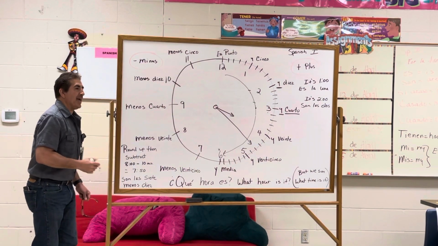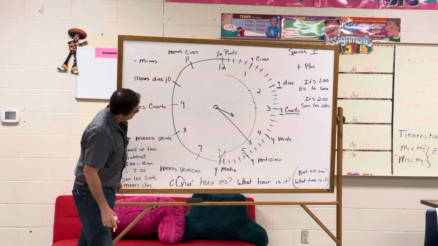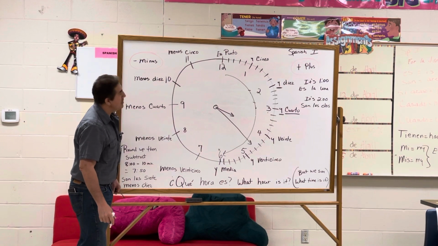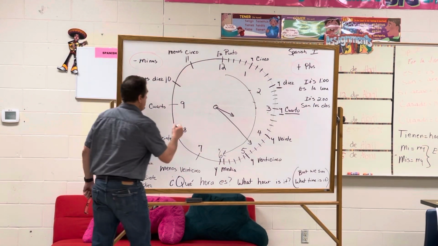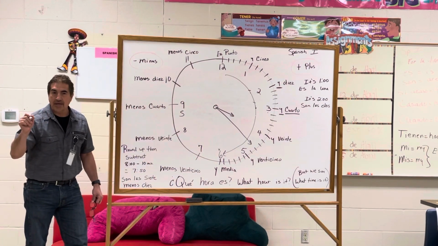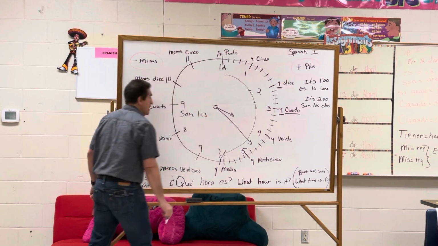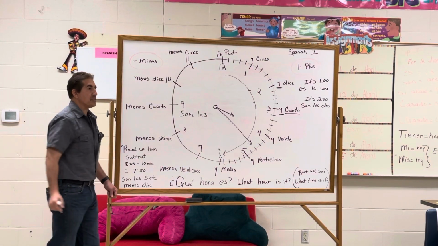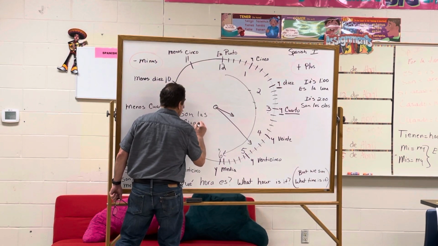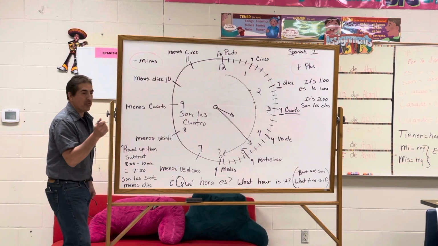Vicente, ¿qué hora es? Son las 4, muy bien. And we write that. When we take a test, you're going to write son las, and you need to know your numbers. I want you to notice something really quick.